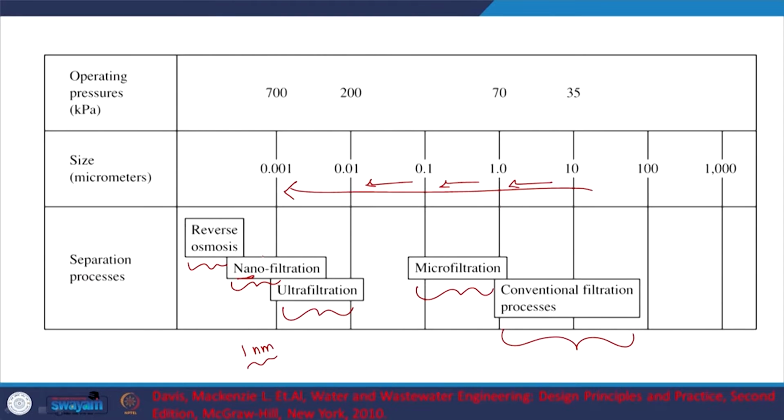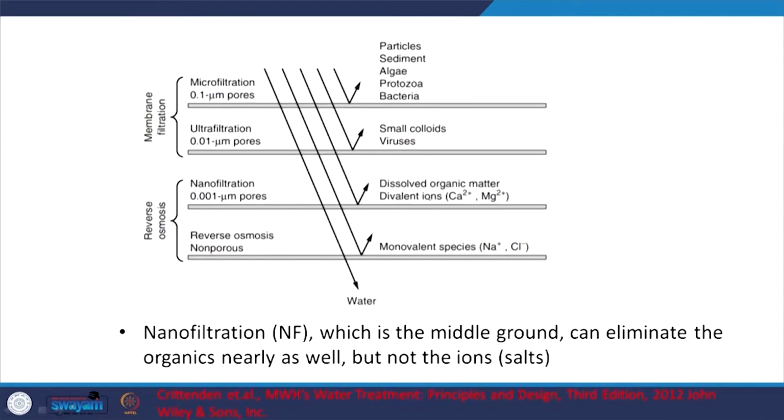Again, let us move forth. What is it that nanofiltration can remove? The size of the pores, as you can see, is 1 order of magnitude lesser than that for ultrafiltration, typically anyway. It can remove dissolved organic matter and the divalent ions, for example calcium and magnesium, which are of interest to us. And reverse osmosis can remove even the monovalent species like sodium and Cl minus, or chloride.